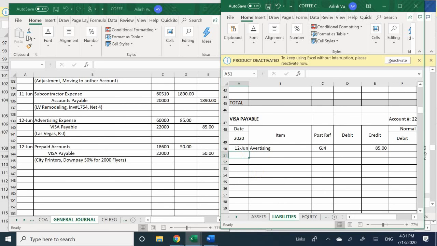We know that we made this charge on the 12th, and it's going to be another advertising.